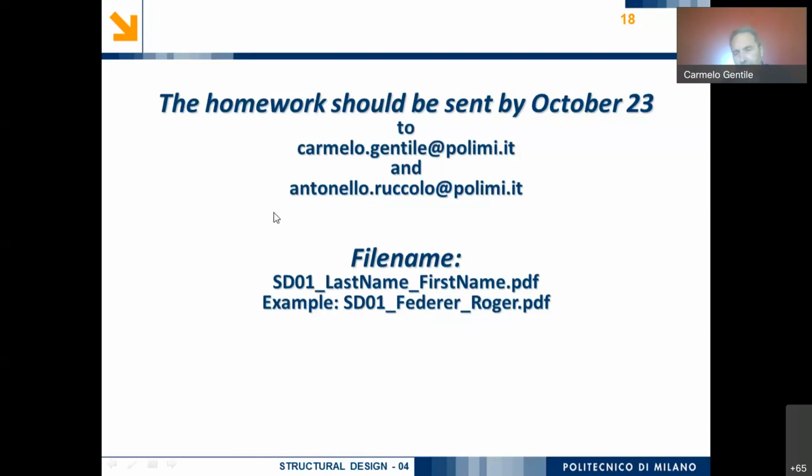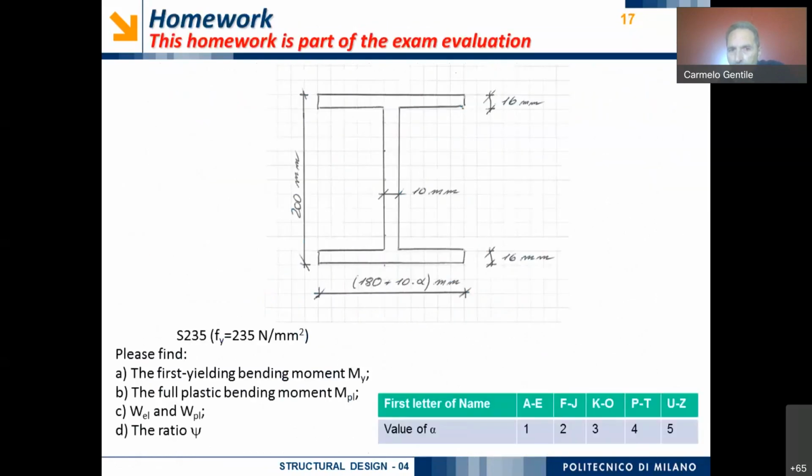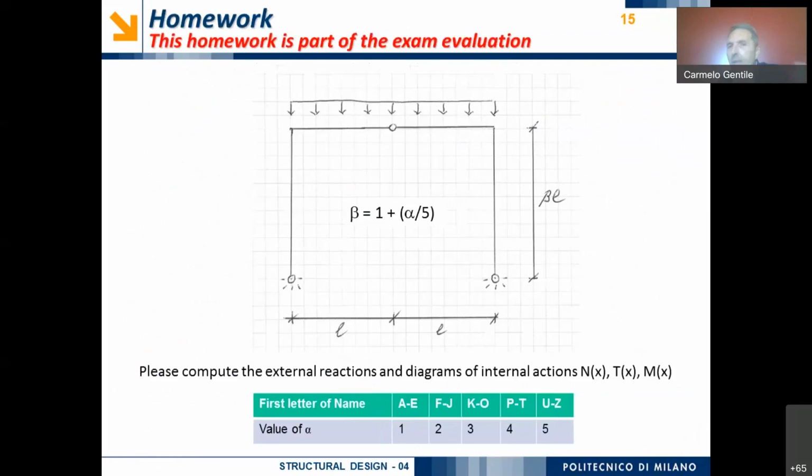Of course, please do not send messages to myself and Dr. Ruccolo in order to ask clarification on this exercise. If you need clarification on these exercises, this is the time for asking us. Okay? Is everything clear?